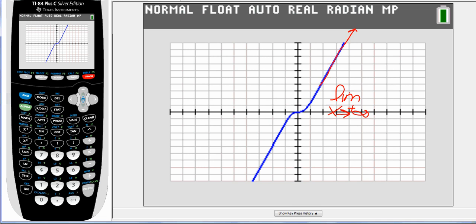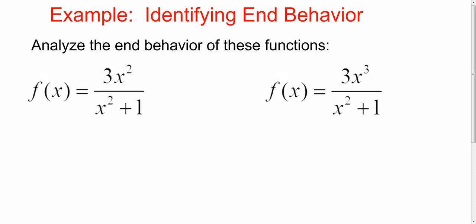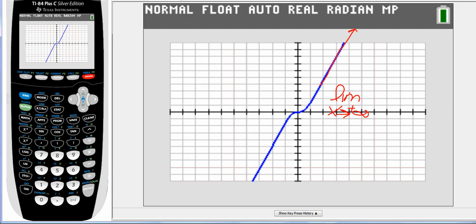And again, my function was 3x cubed over x squared plus 1. Your answer is basically going to be what your y value is doing. Well, your y value is getting higher and higher, so it is approaching positive infinity. So that's the right side.